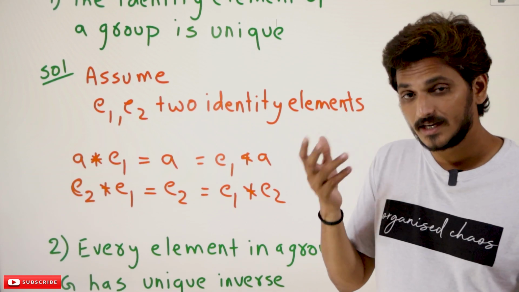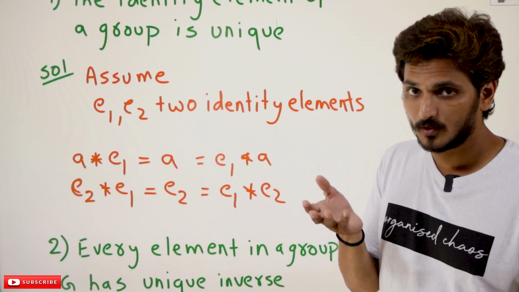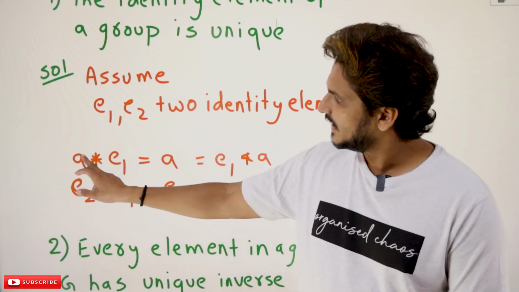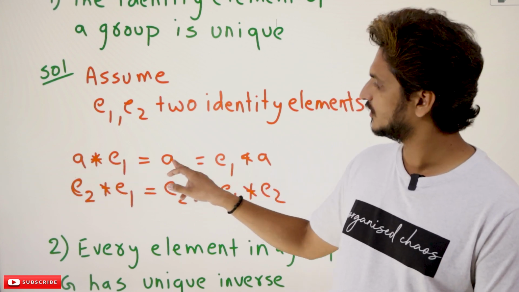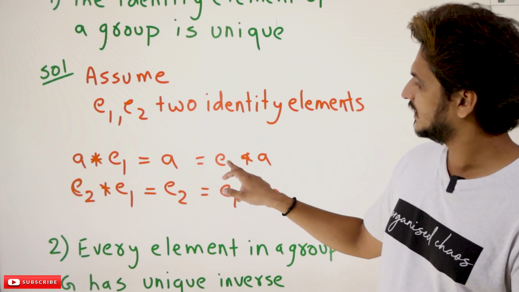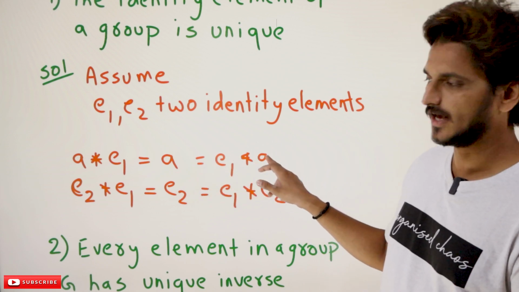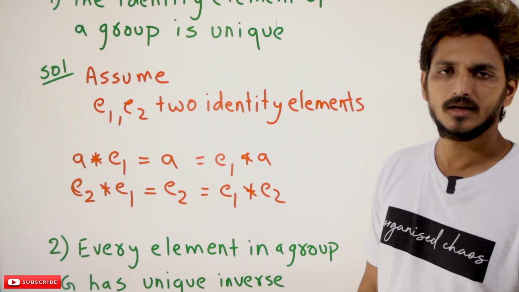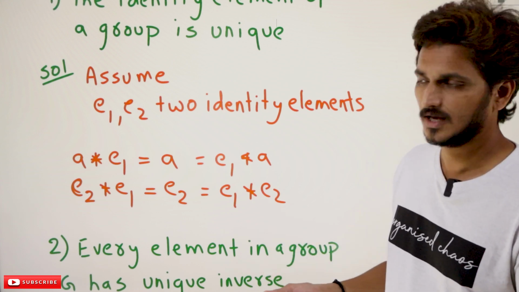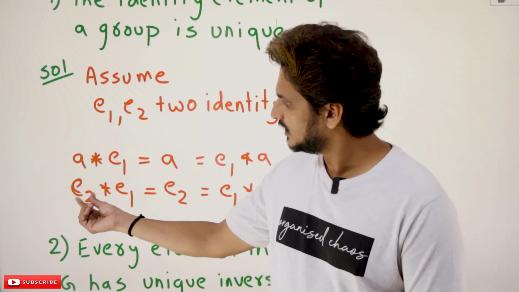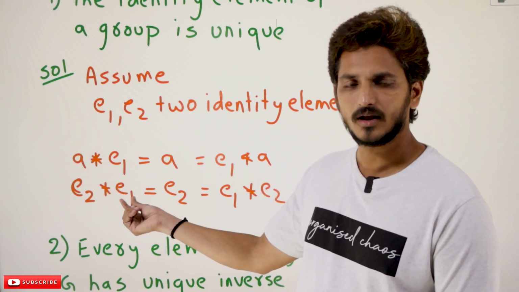From our previous basics, any element with binary operation with identity element, you are going to get A. E1 binary operation A, you are going to get A. This is the group property which we discussed in our last class. Similarly, you take E2 binary operation E1.